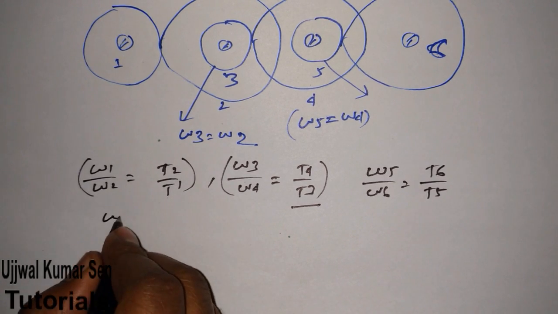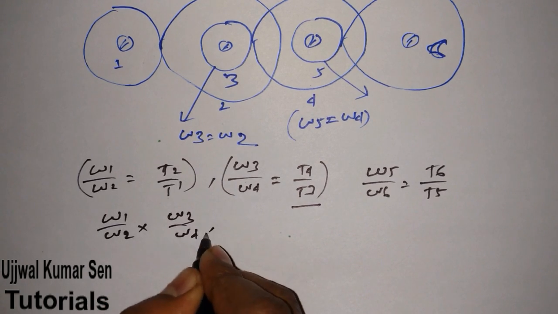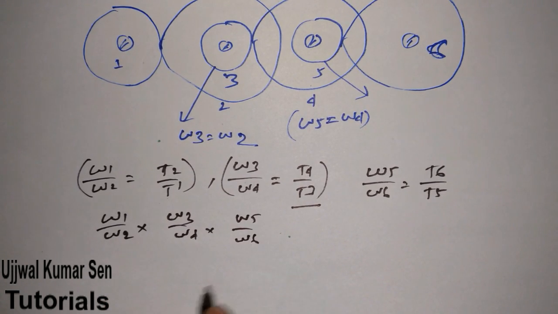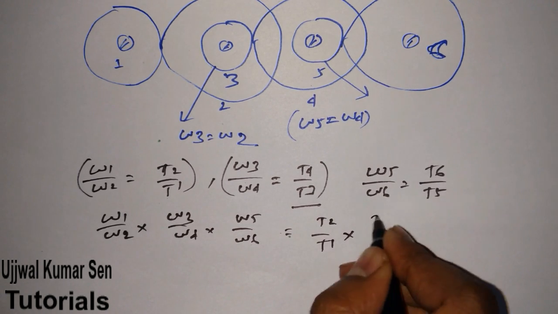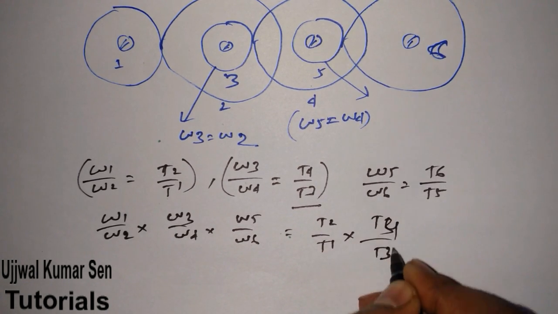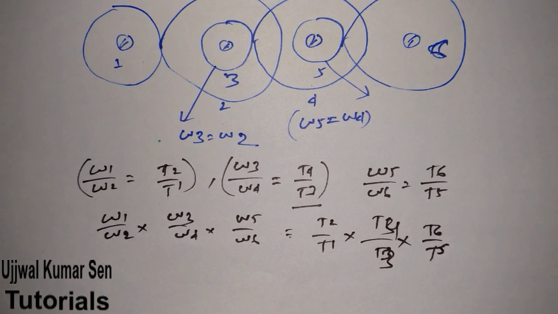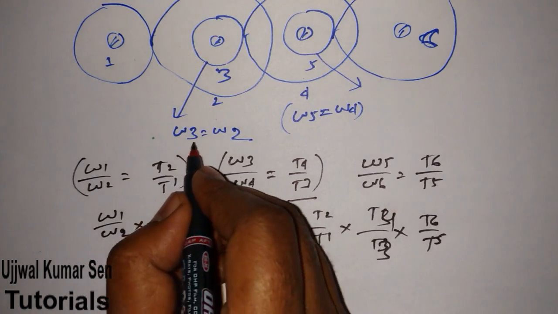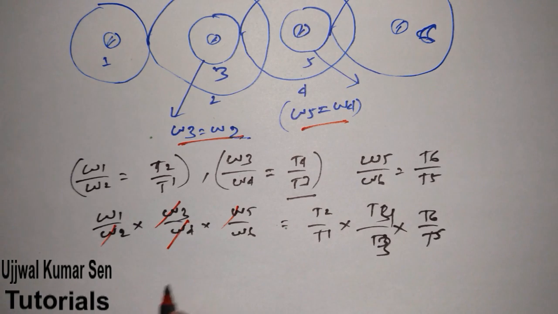Now after multiplying, omega 1 by omega 2 times omega 3 by omega 4 times omega 5 by omega 6 is equal to T2 by T1 times T4 by T3 times T6 by T5. Now see, this one gets cancelled, this one gets cancelled.